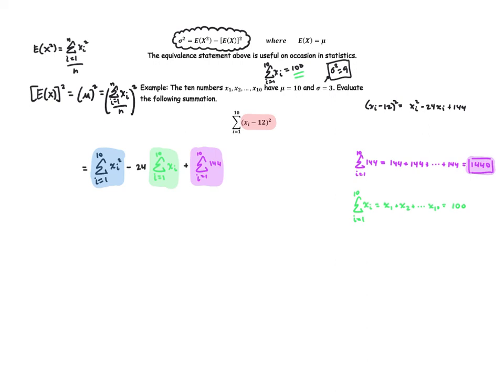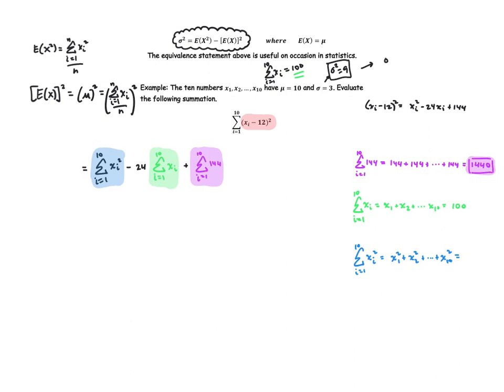All right, blue. Let's work some blue. Oh boy, blue. The summation from 1 to 10 of x_i squared would equal x_1 squared plus x_2 squared all the way up to x_10 squared. That's the sum of the squares. Okay, now sigma squared, let's do a little work with this.